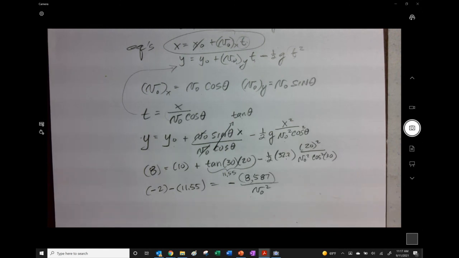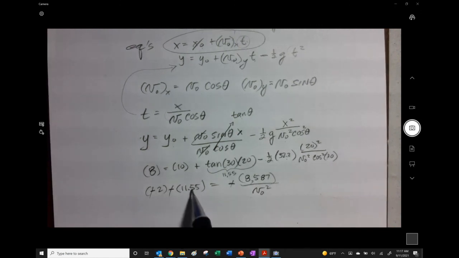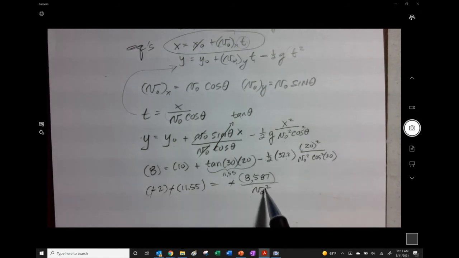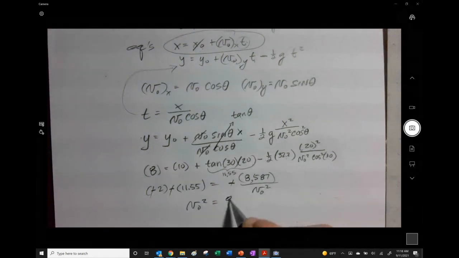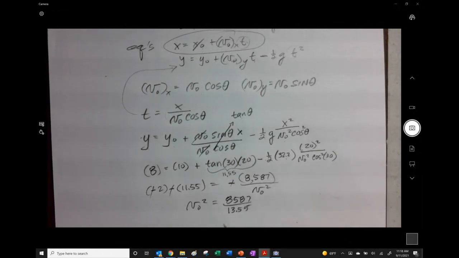So wrangle around there. All those things become positive right here. So that's like 13.55. So now I just divide this by 13.55. There you go. V0 squared is equal to 8,587 divided by 13.55.